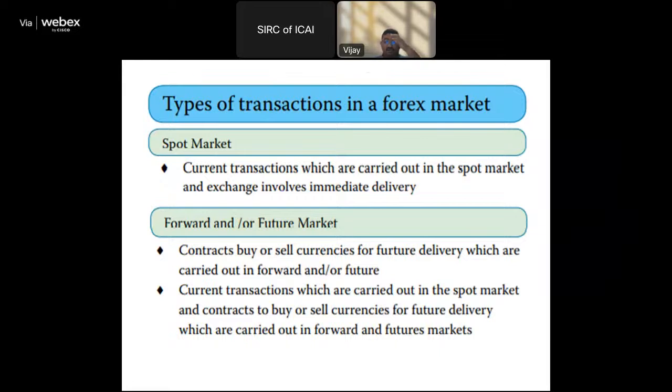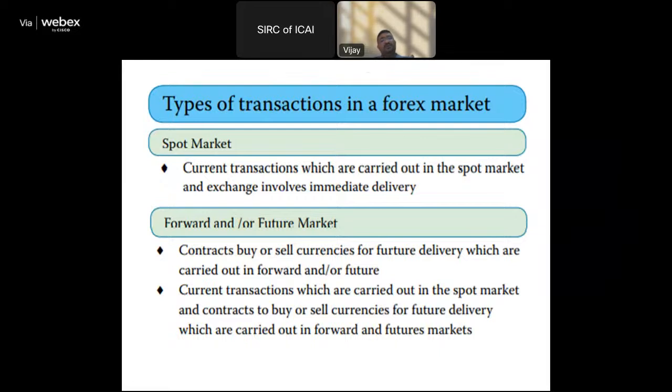For example, today the dollar price is 80 and tomorrow it is going to increase to 85. So I will book the dollar price today itself at 80 for tomorrow's transaction. That is what I call the forward or future market.